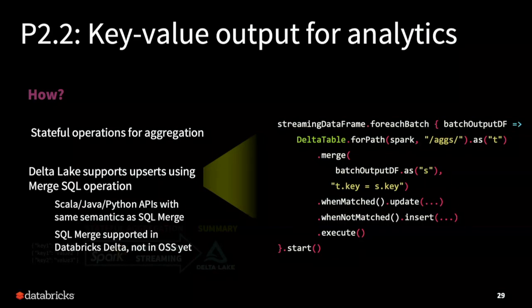What it basically does is that you can say, in this streaming query, compute the updated aggregates, and for each batch of output, take the updated values and upsert them into the Delta table using this merge operation. So that totally works, and it's actually amazing how well it works for a large number of use cases where you don't need point lookups, or you don't need very low latencies.